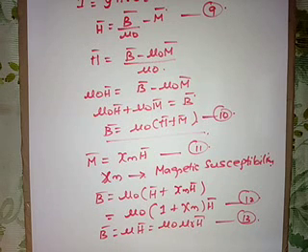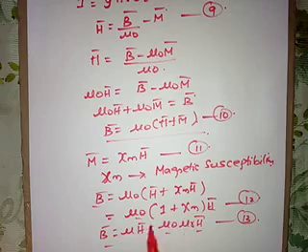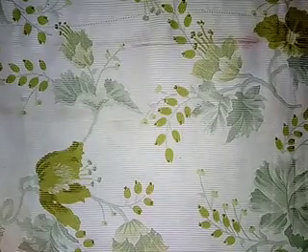If we compare equations 12 and 13, what will be the relative permeability? This is mu naught, this is H bar, this is H bar, B bar. So relative permeability mu r will be equal to 1 plus xi m.